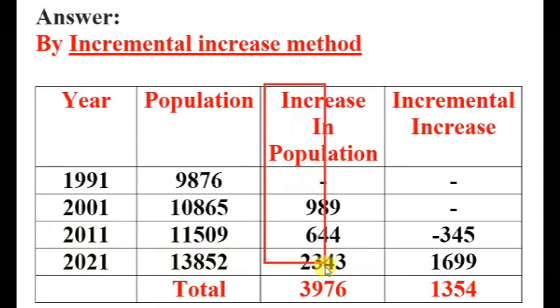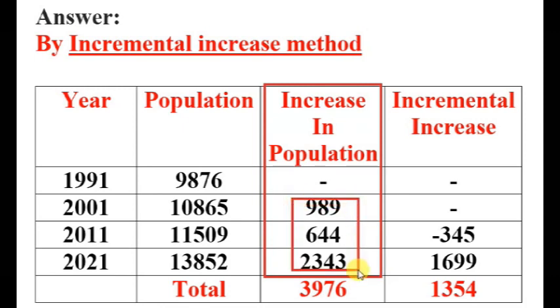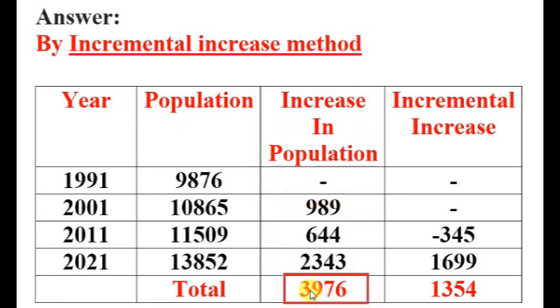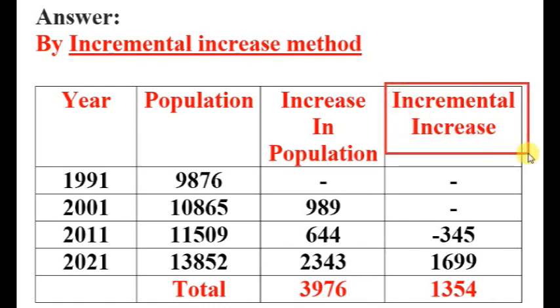Now we will take the average of these three values. We will get the total as 3976. Now we will find the incremental increase, and to find it we just have to take the difference between these two values, which is 644 minus 989.